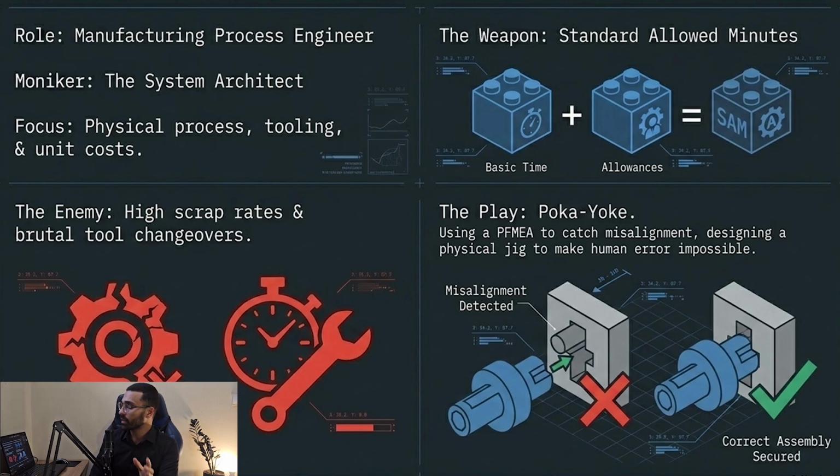The main role is to use different techniques like PFMEA, FMEA, Poka-Yoke, all the stuff that you will learn across your studies to catch the misalignments, reduce the physical or human error, and make everything as smooth and seamless as possible.